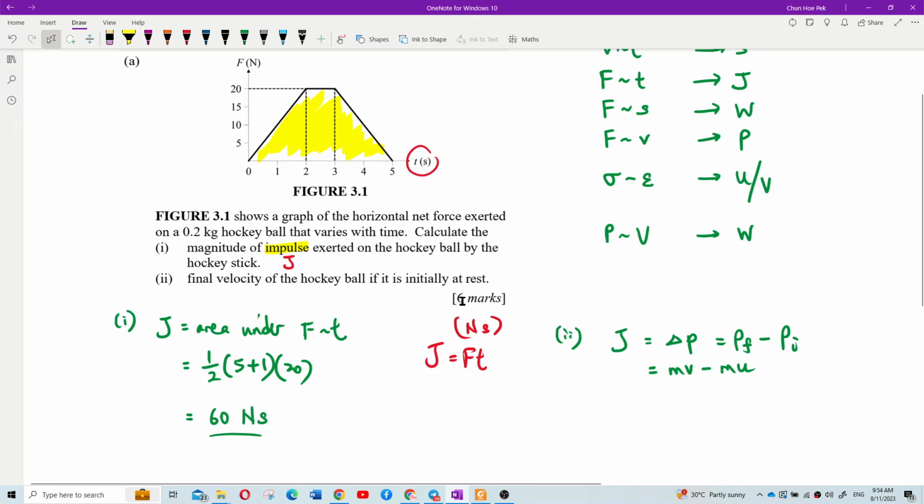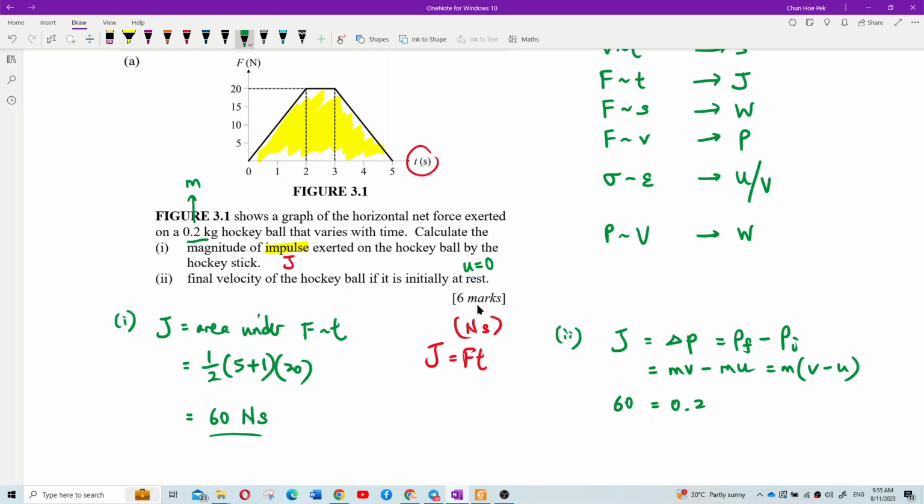So final velocity, initially at rest. That means u equals 0. Mass given is 0.2 kilogram. So 60 equals m(v minus u). I factor out 0.2 times the final velocity. We want to find v, initial velocity 0.